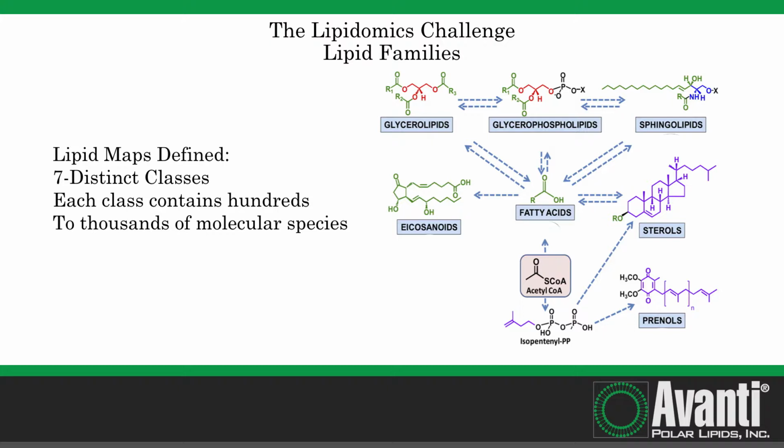And here are some of the examples: glycerolipids, such as triacylglycerols, glycerophospholipids, sphingolipids, fatty acyl groups, steroids, and prenols. All of these are in the family of lipids, but yet each one has very different properties. This number of lipid families causes a significant challenge that one must address in your lipidomic approach.